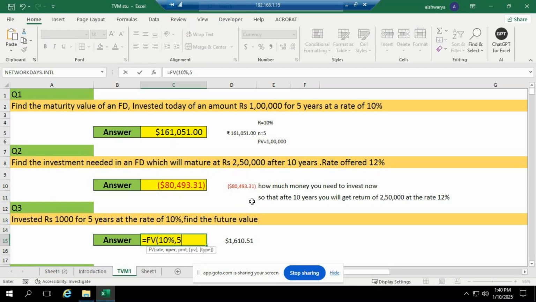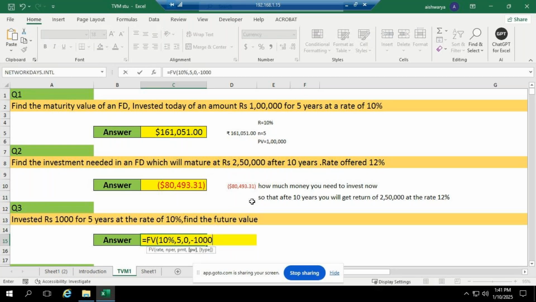Then comma PMT is what? 0. Correct. Then comma PV. The present value is 1000, so minus 1000 or plus 1000? Minus. Very good. Minus 1000.